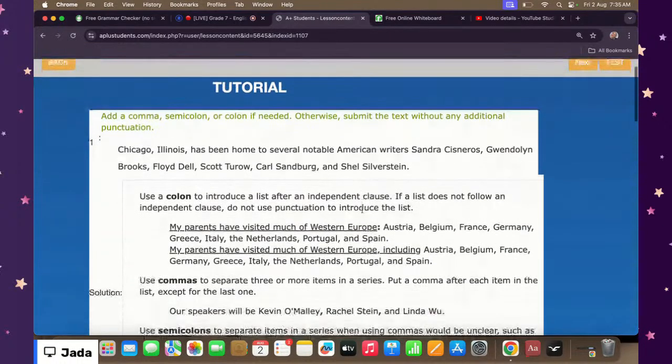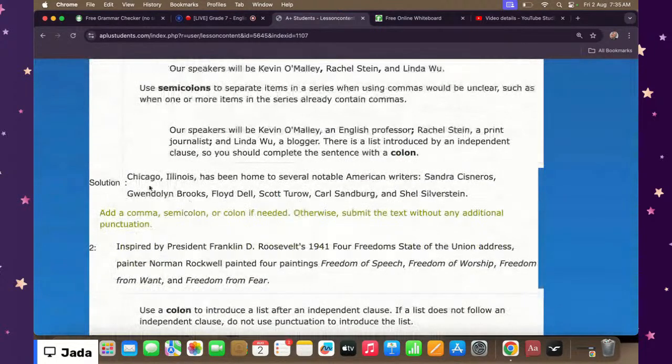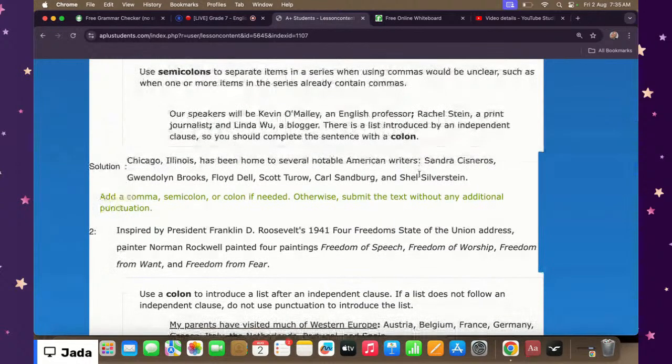Chicago, Illinois has been home to several notable American writers: Sandra, Gwendolyn, Ford, Scott, Carl, and Shaw. Now you check if that is correct. Was it inserted properly? You need to put a colon before the names of the writers.